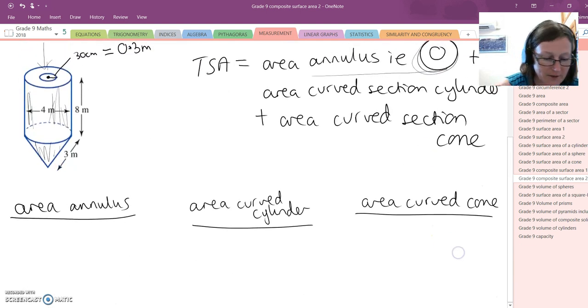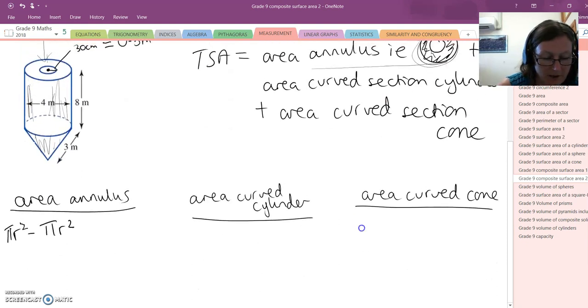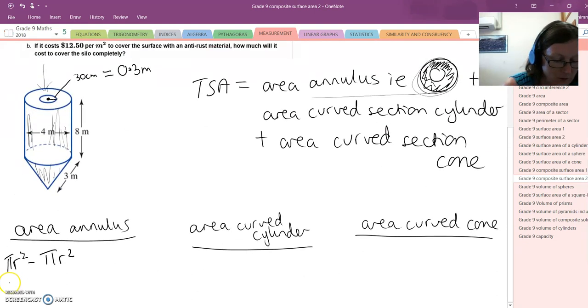So for the annulus, I get the large circle minus the circle that's been cut out, and that gives me the area of the annulus, which is this area here. So I do my large circle, the radius is 2. If the diameter is 4, that must mean, if that's 4 across there, half of 4 is 2. The radius is 2.